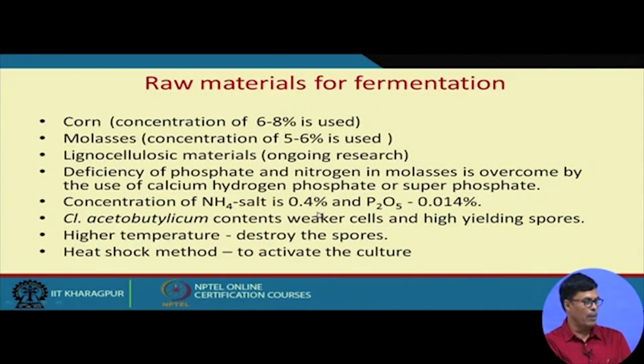The concentration of ammonium salt is about 0.4%, and phosphorus in the form of phosphorus pentoxide, P2O5, is about 0.14%. Clostridium acetobutylicum contains weaker cells and higher yielding spores. The higher temperature destroys the spores, and heat shock is used to activate the culture. This is a very important step we find when we use Clostridium acetobutylicum: heat shock is very much required just to activate the culture.